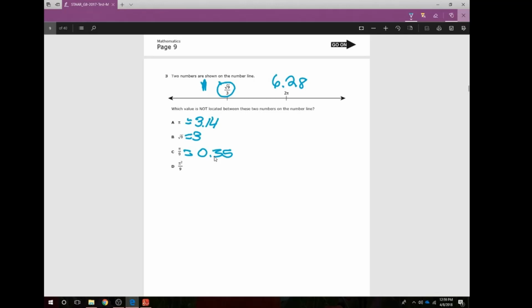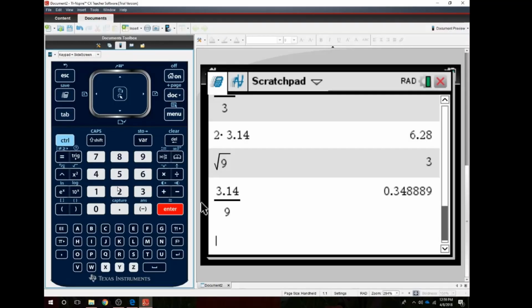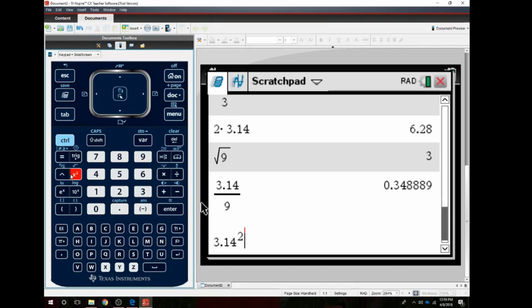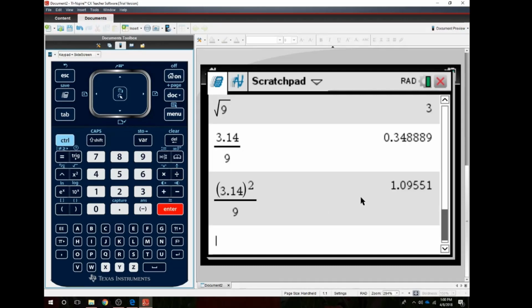And then pi squared divided by 9. So we do 3.14 squared. I use my square button. And then since it's a fraction, I divide by 9. Press enter. It gives me 1.09.